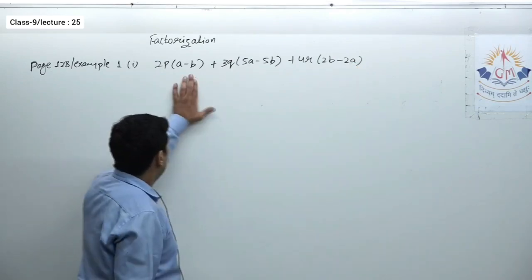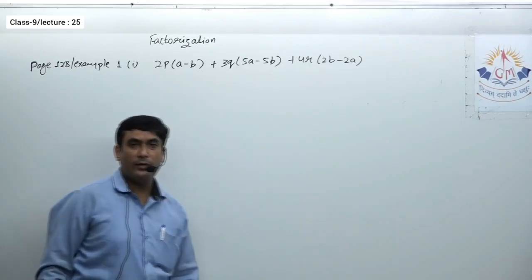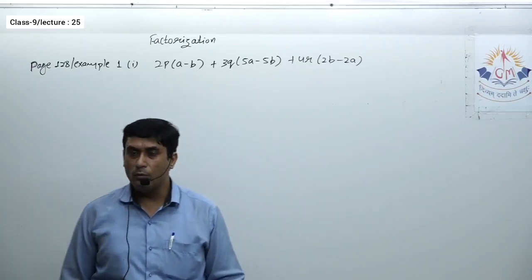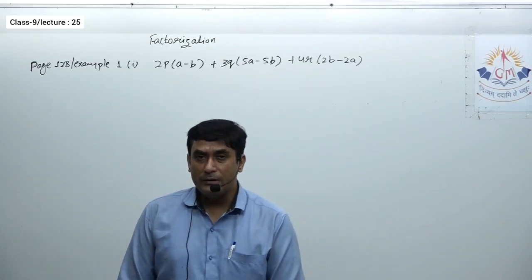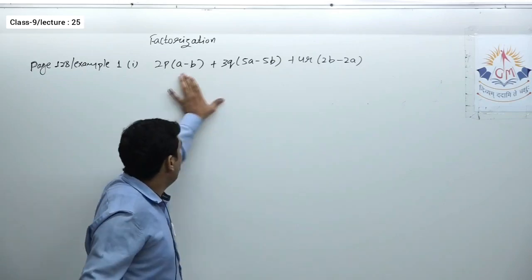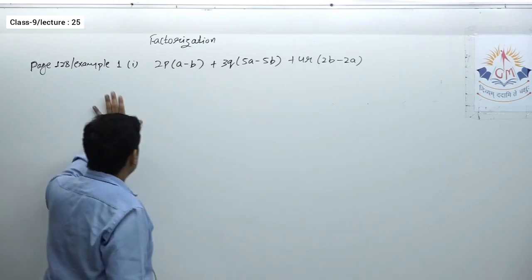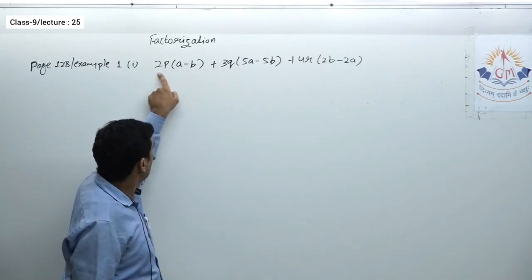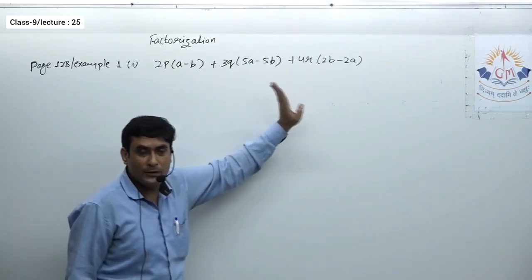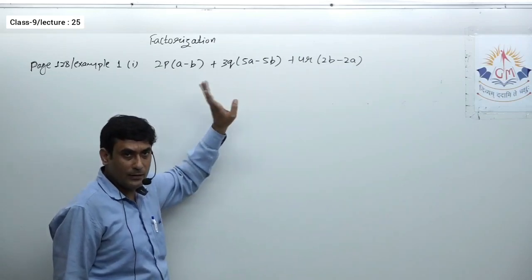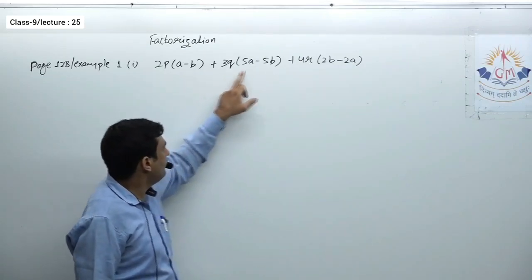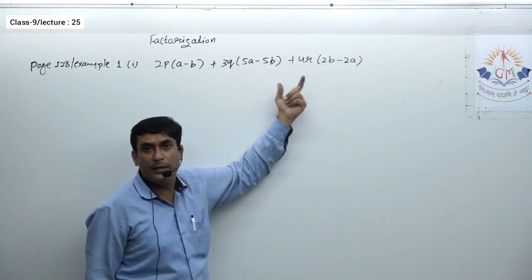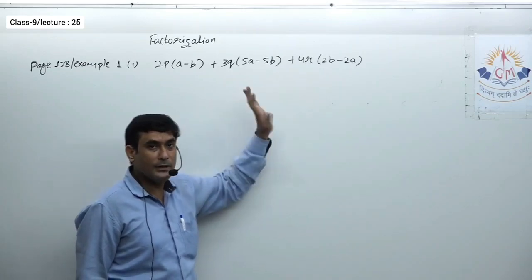Okay, so we have to factorize this. That means we have to make two or more parts which give the same result when you multiply those parts. So see, you need keen observation over here. 2, 3 and 4: nothing can be taken common from these three. That is clear. p, q, r: again, nothing can be taken common from these. These all three are different terms.